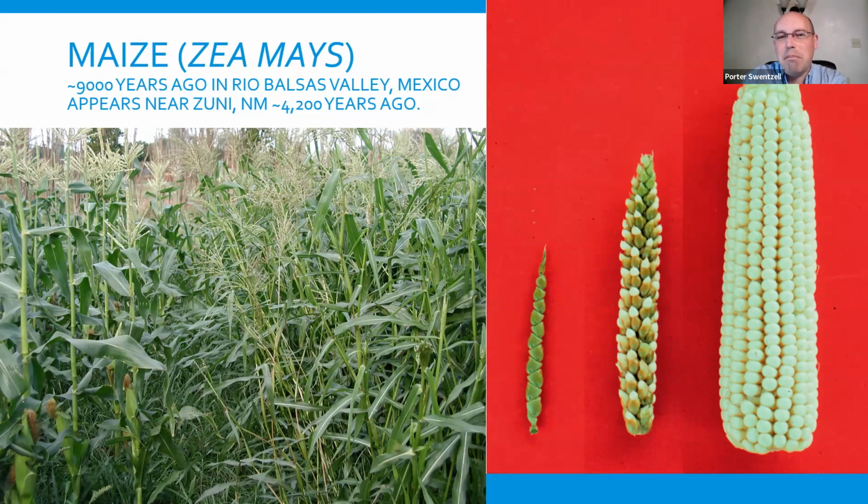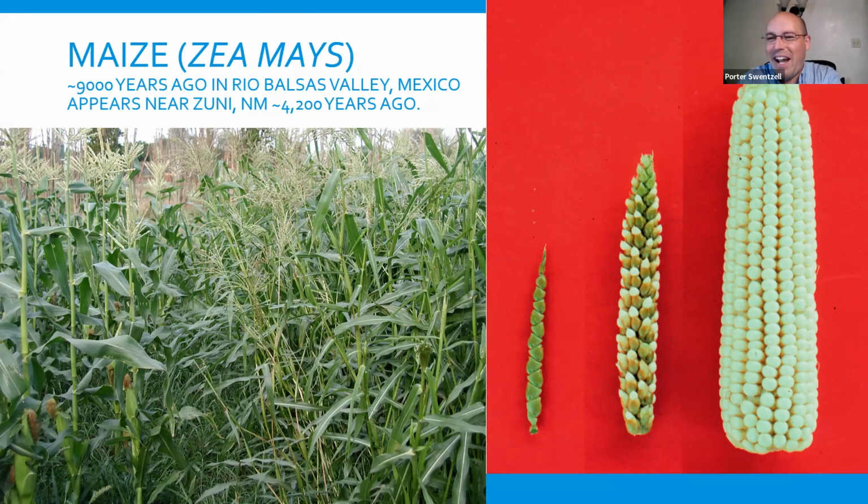So this amazing transformation of a tropical grass about 9,000 years ago is what led to agriculture in this particular region that we're at now. But it took a really long time for a tropical grass to move up into this area and be able to grow in a profoundly non-tropical area like New Mexico.